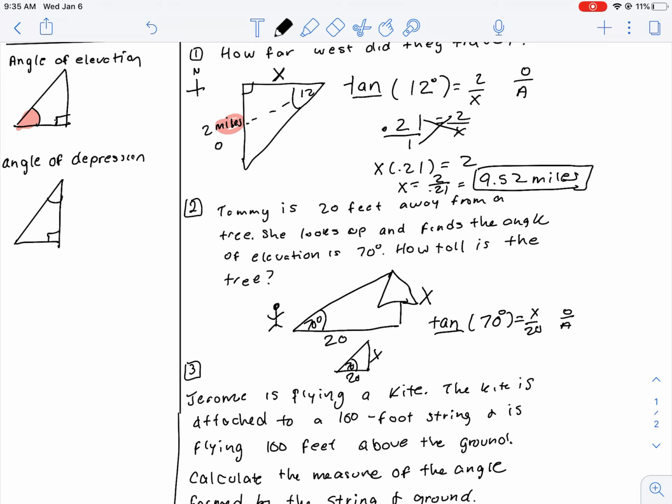Tangent of 70 is 2.747, which rounds to 2.75, equals x over 20. We're going to cross multiply again. X times 1 is x, and this is 20 times 2.75. So 2.75 times 20 is 55. And we're in feet, so 55 feet is the height of that tree.